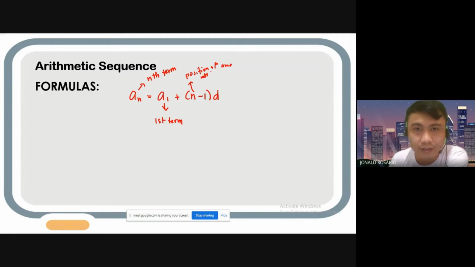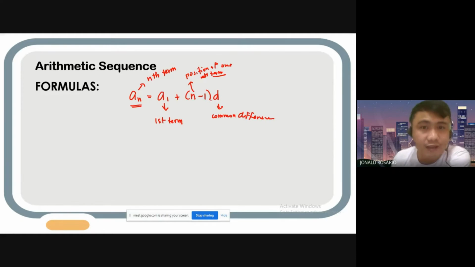And d is our common difference. So this is our formula. Kung pang-ilan yung ating hinahanap na term, yan yung n, bawasan mo ng 1, and then i-multiply natin sa common difference, so we can have now the value of our nth term. Okay?